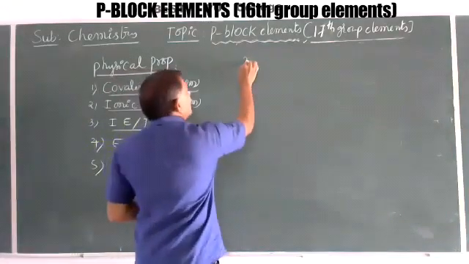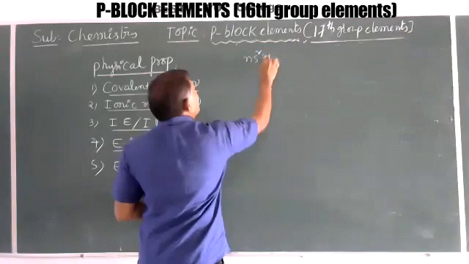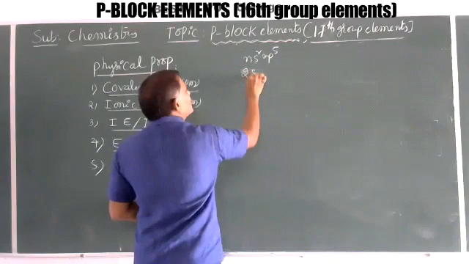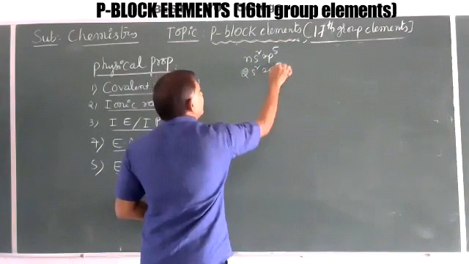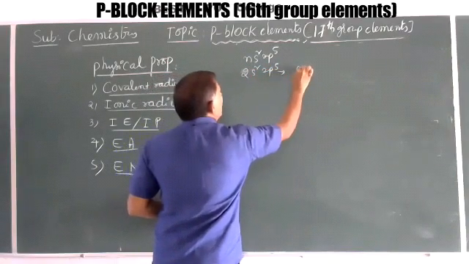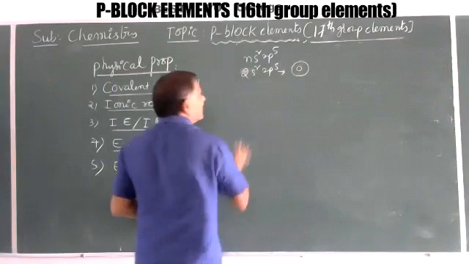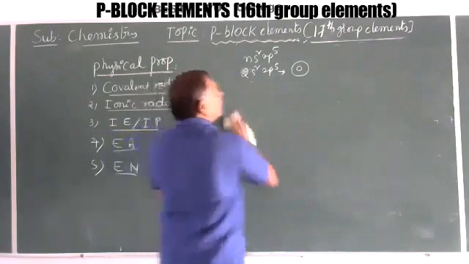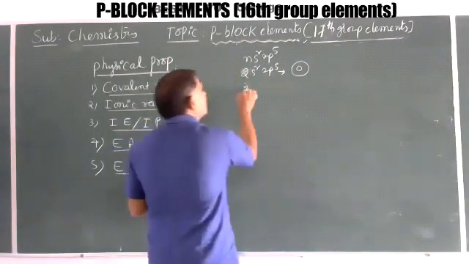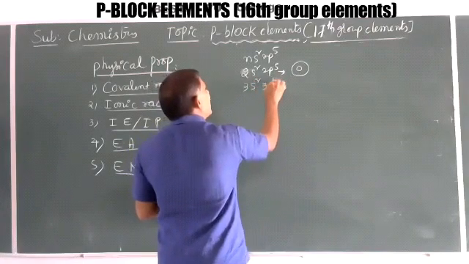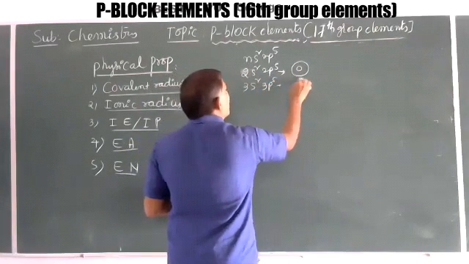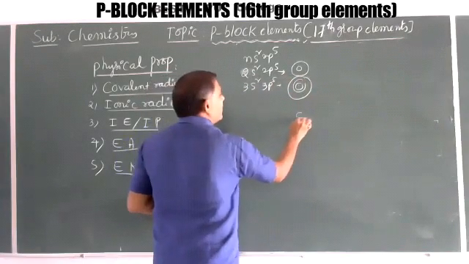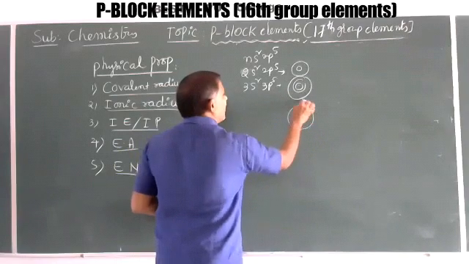Here the general electronic configuration is ns2 np5. It starts with 2s2 2p5 for fluorine, so 2 energy levels are there. For chlorine 3s2 3p5, 3 energy levels are there. For bromine, 4 energy levels are there.